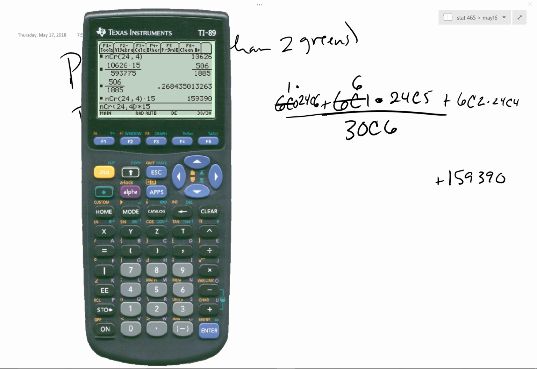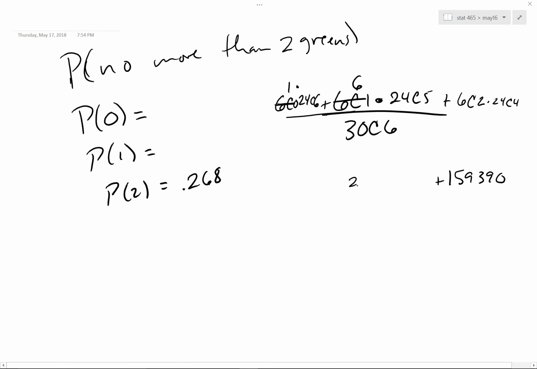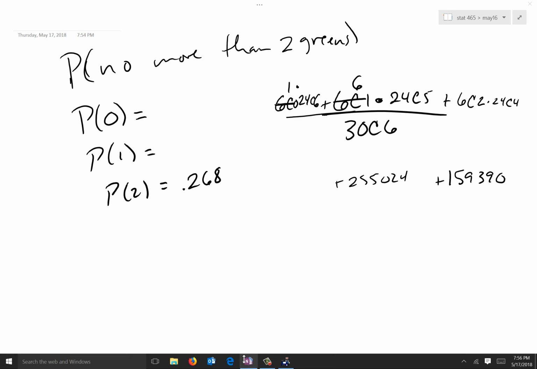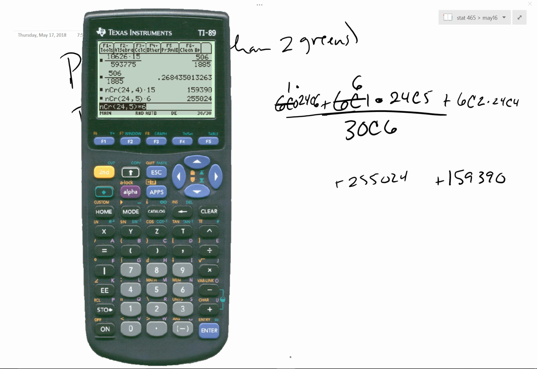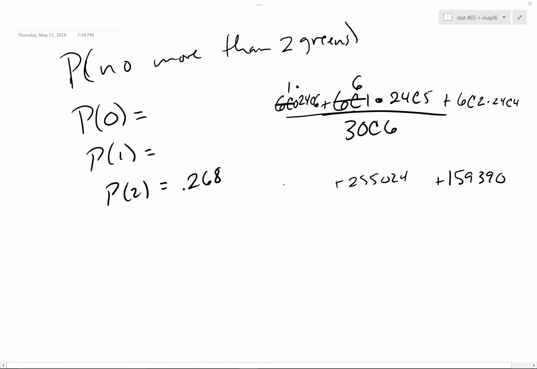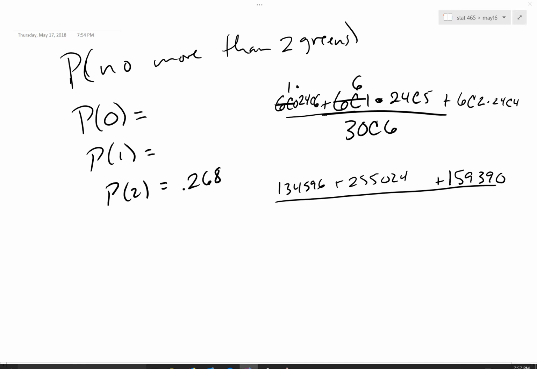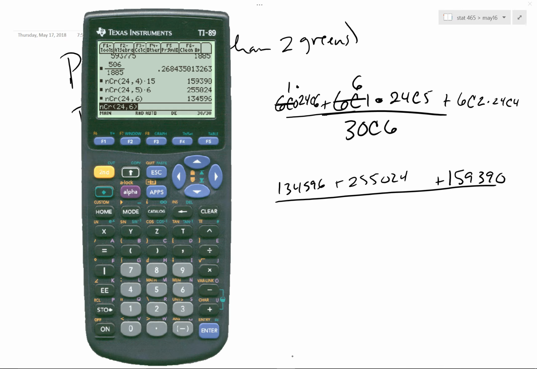So now I want 24 choose 5, but times 6 this time. So that's 255024. And then the other one is just 24 choose 6. 134596. So if you add those guys together, that's the total possible combination.